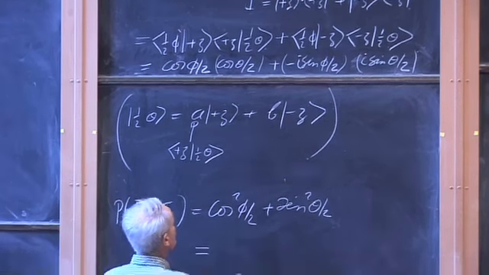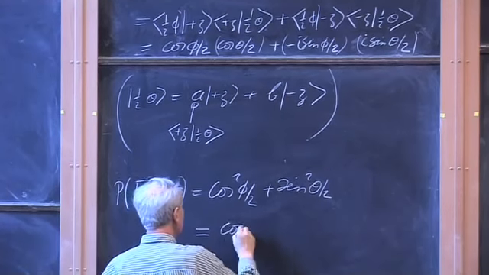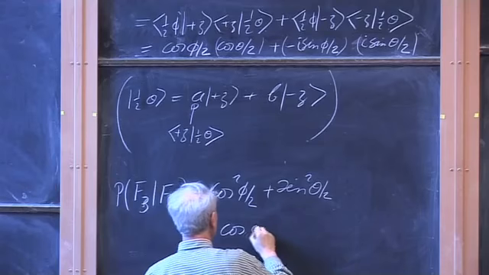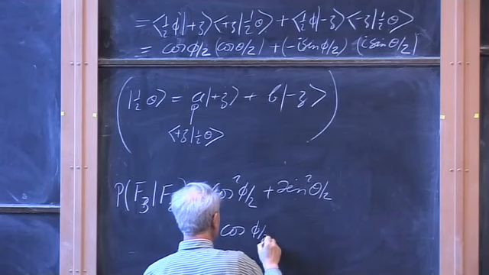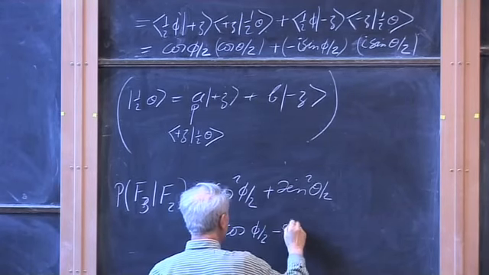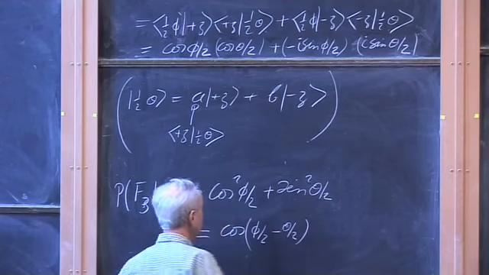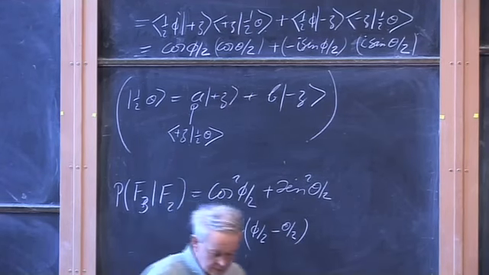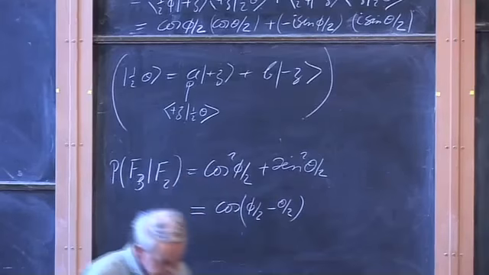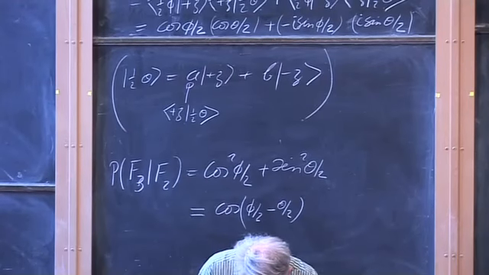Which is also known as cos of phi over 2 minus theta over 2, I think, by trig formulae.